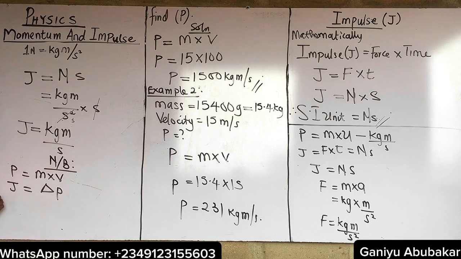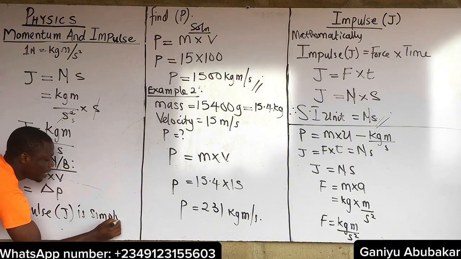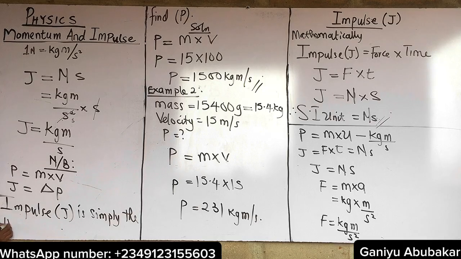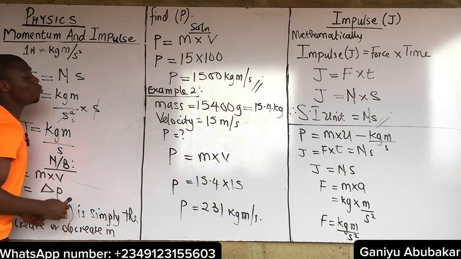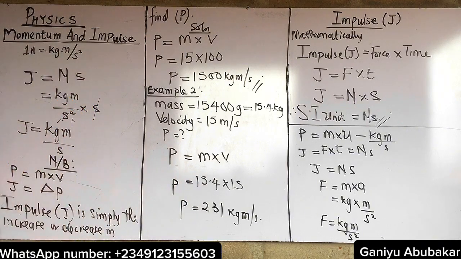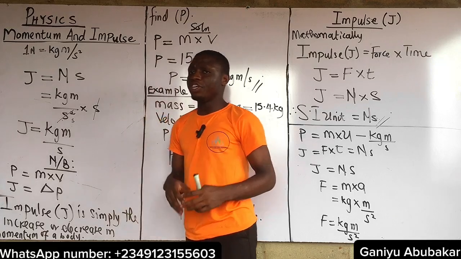So impulse J is simply the increase or decrease in momentum of a body.